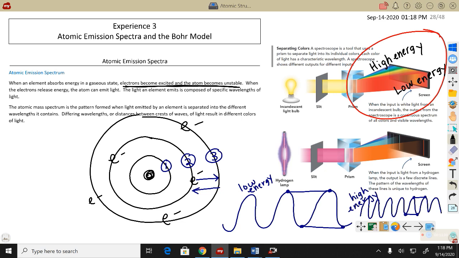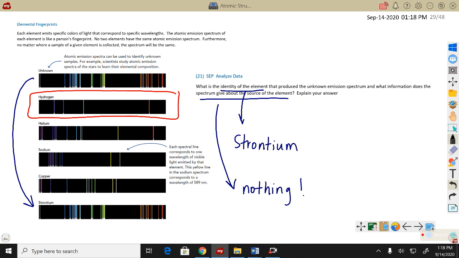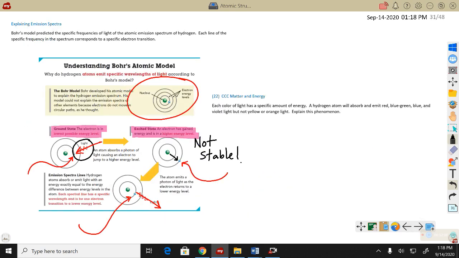And so one thing that we should mention too is that when I go back to this picture, in this first picture they're kind of showing 1, 2, 3 energy levels. Well, there's more than 3. There's up to 7 energy levels with the elements that we know of today. They're just not showing them all in this picture. And so it is possible for this little hydrogen electron to jump from level 1 to level 2.